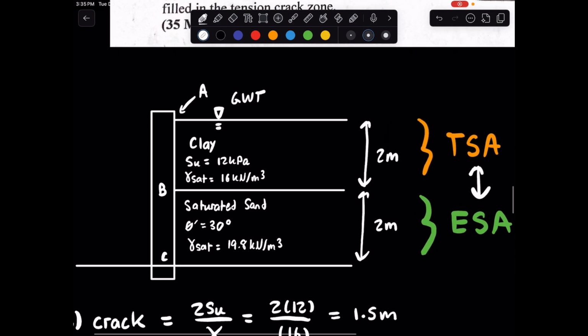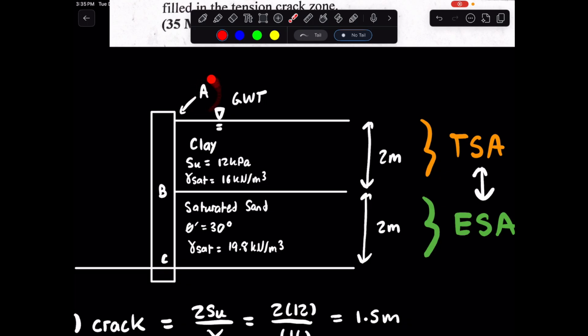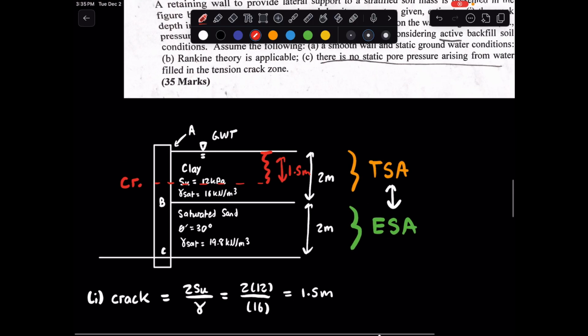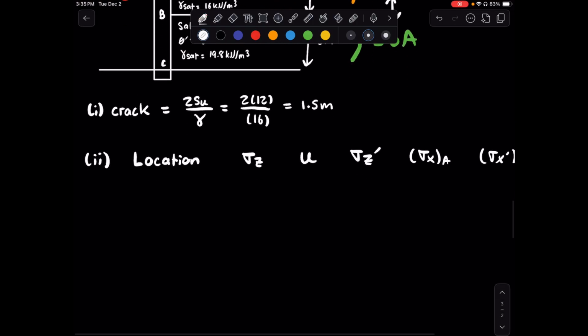So we have location A, B, and C. And you're thinking, okay, A, B, C. Wrong. We have that crack now, a 1.5 meter crack. So we have to make a new point. Let's call it point CR for crack. First location is A. Next location is CR.